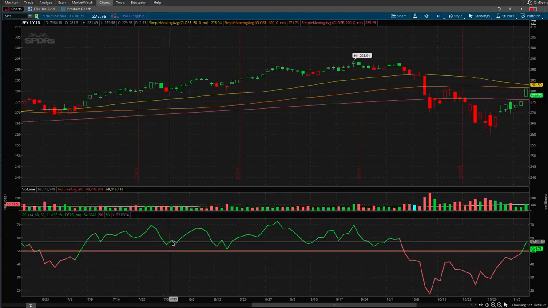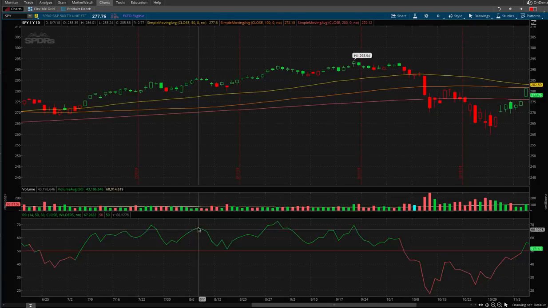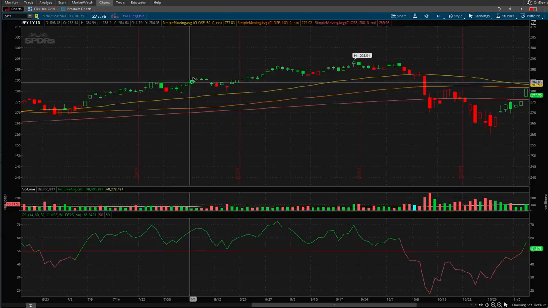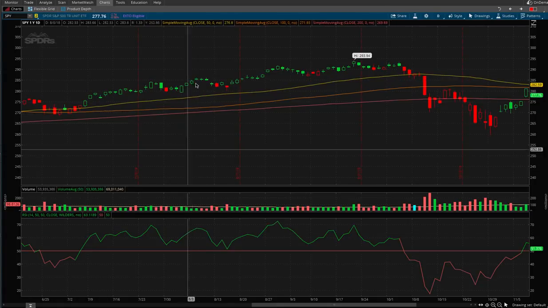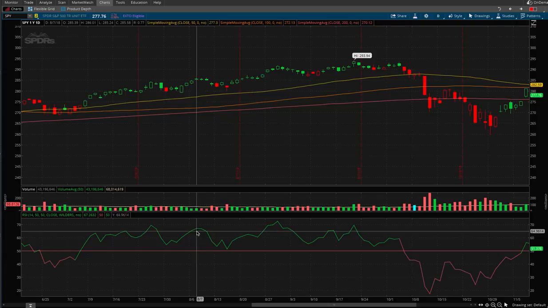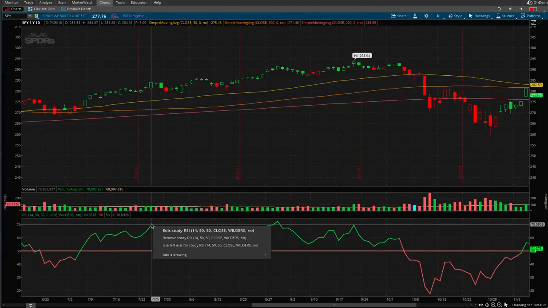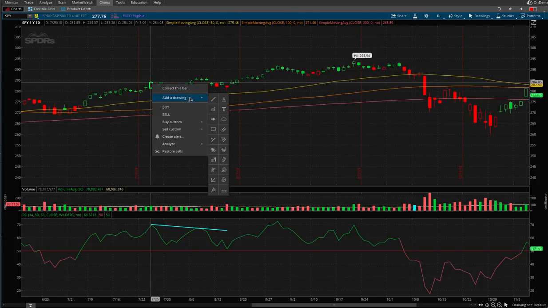We come back down, and here we made a higher high in the stock, but it wasn't higher on the RSI. That is a divergence. The stock price makes a higher high than the previous high, but the RSI doesn't. That could signal there's going to be a drop soon, and it does drop soon. It wasn't that big of a divergence, but it is a divergence from what the stock is telling us.